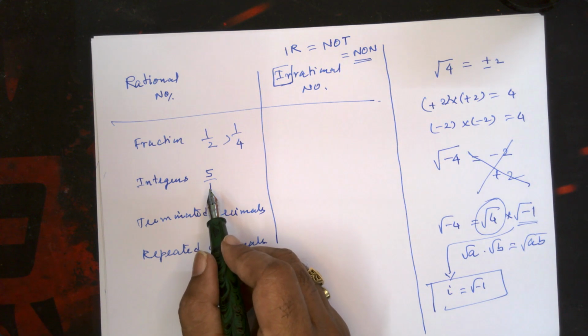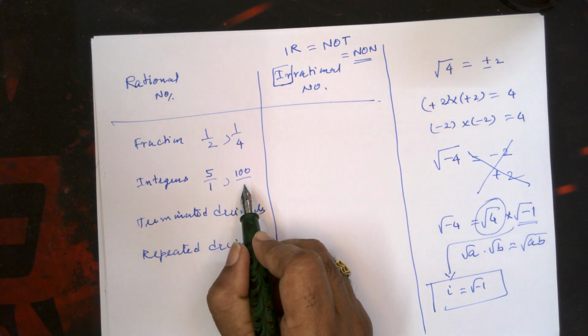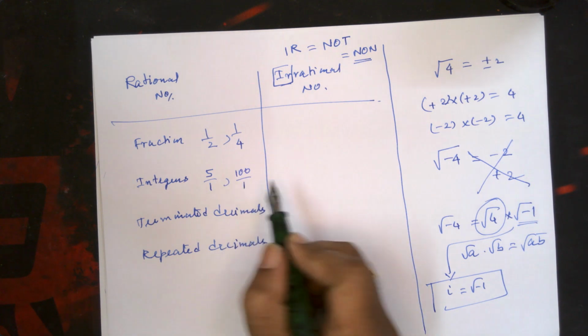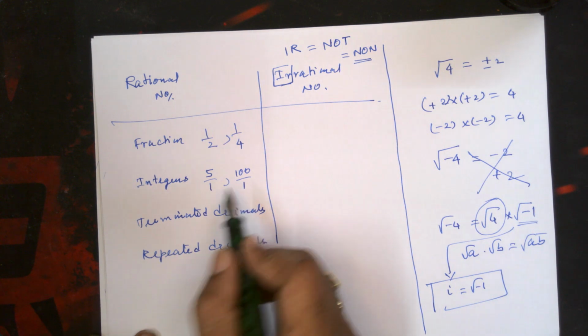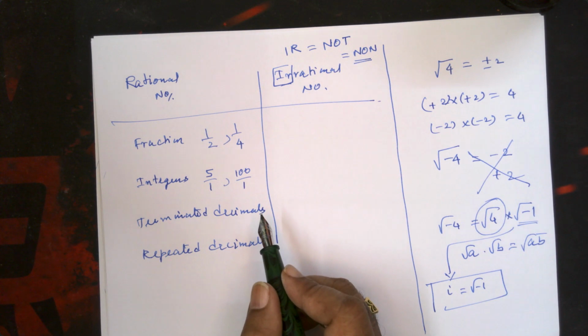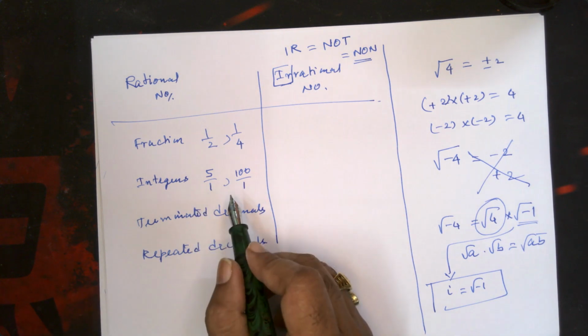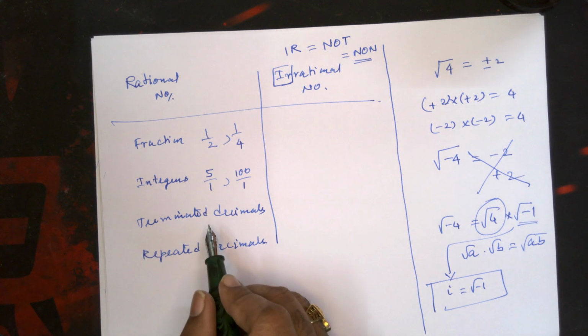If you put 100, it means 100 divided by 1. That 100 is what? Integer. So it can be represented as a fraction also, but still it is an integer. So do you understand? A rational number can be a fraction, a rational number can be an integer.